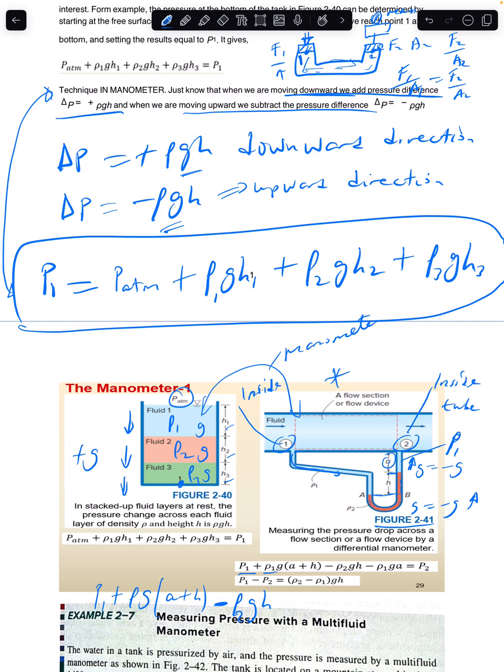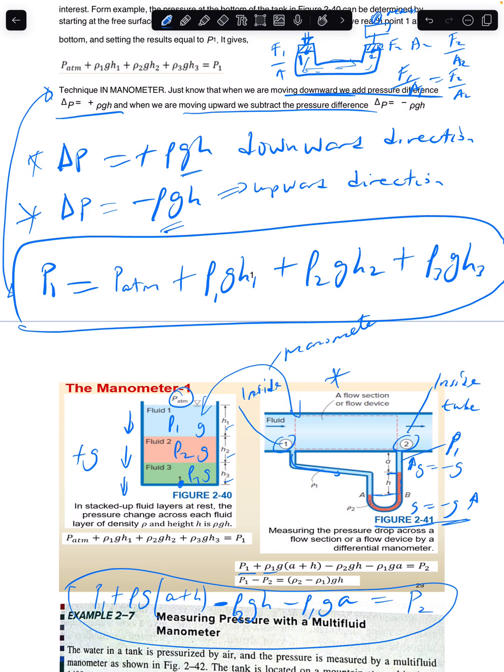Because it's going upward, we have negative density 1 G, and it has the height which you see here, which is A, equal to P2. So that's how we establish that formula. It's quite an easy formula to write if you remember what I explained here, because that is just because of gravitation.